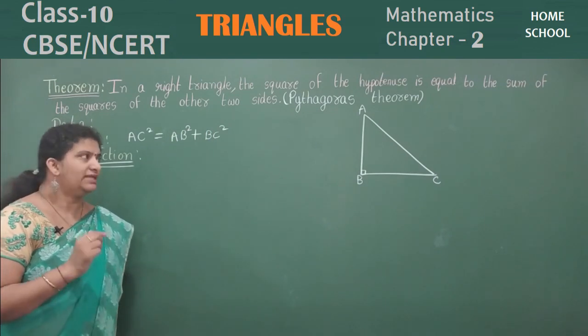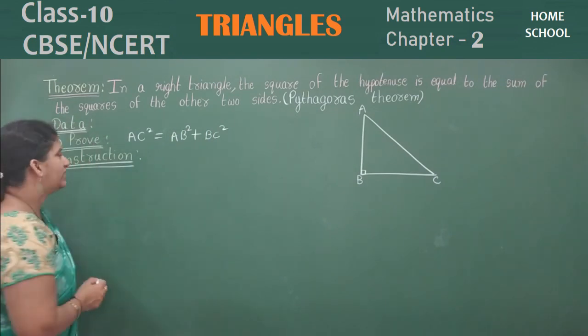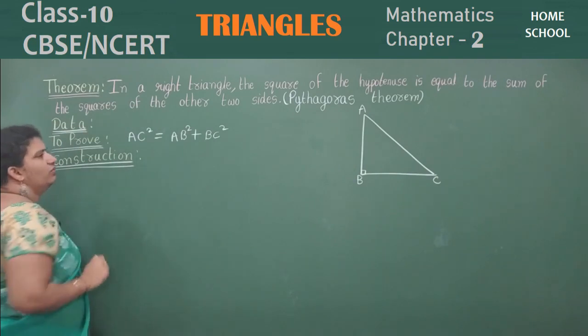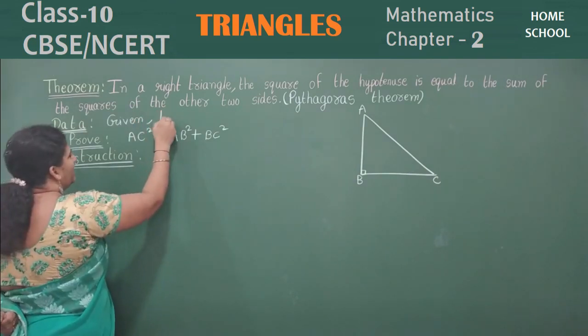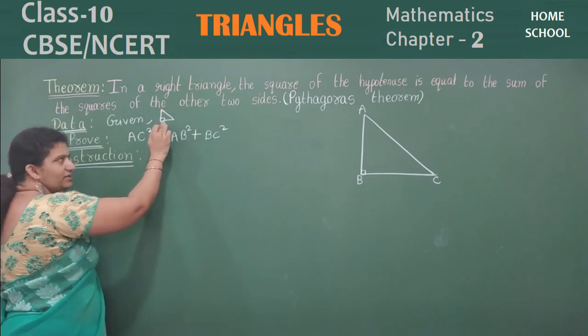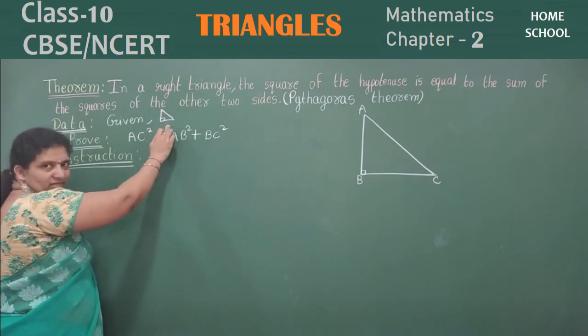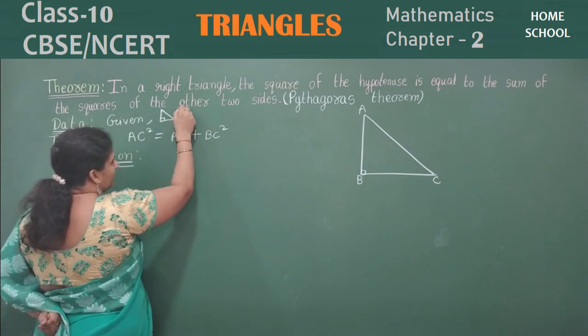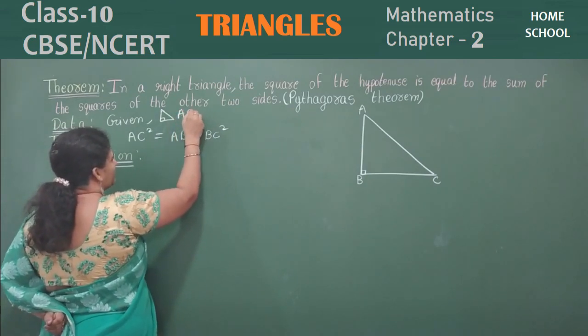Okay, so let's start our theorem. By given data, given a right angled triangle. You can give the symbol like this also. Right angle triangle ABC.